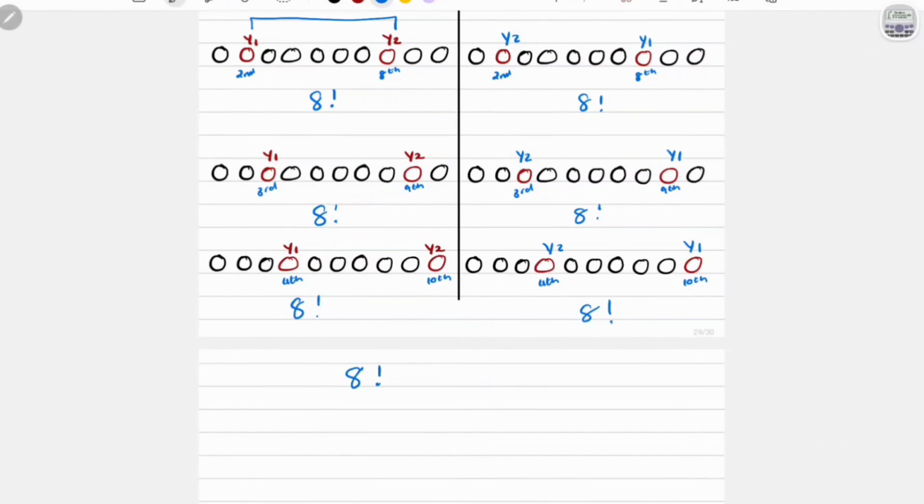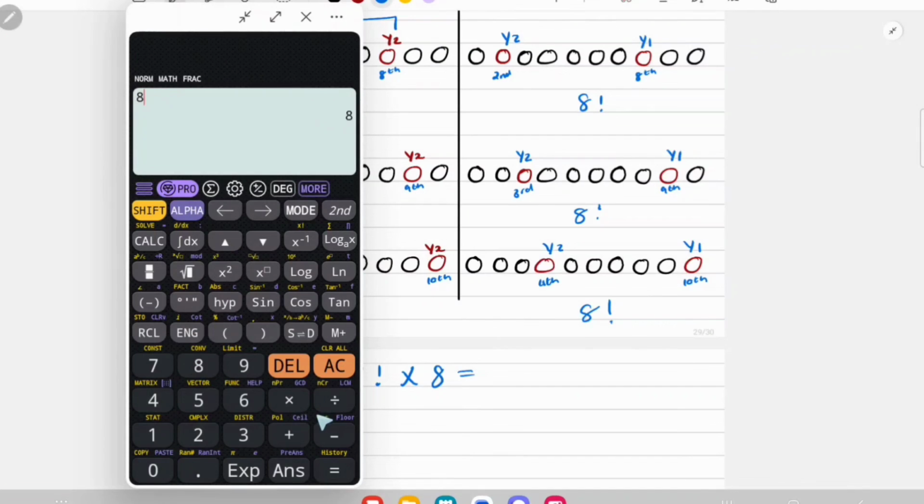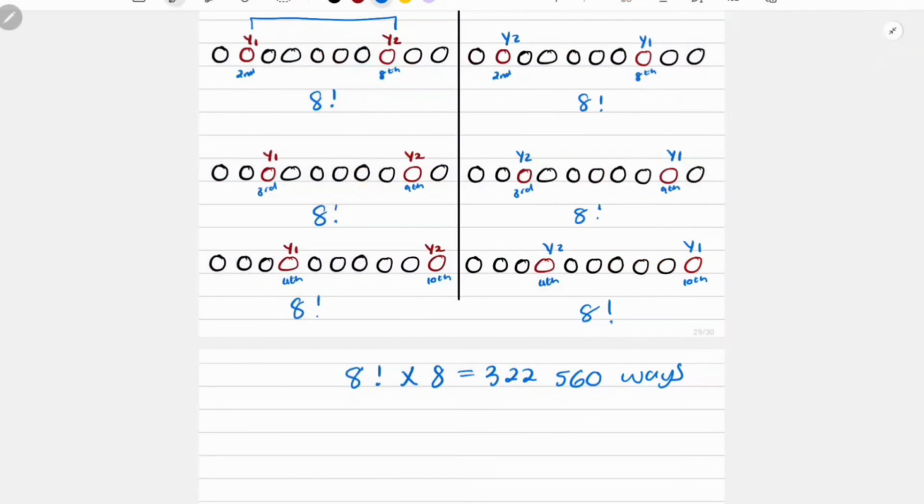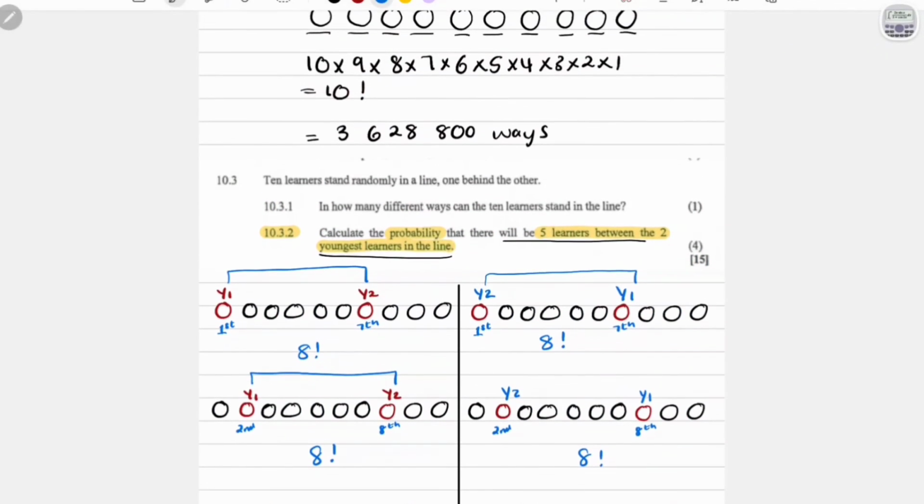In other words, you can decide to add 8 factorial 8 times, or you could have just said 8 factorial times 8. Okay, so 8 factorial times 8 is going to be 8 factorial multiplied by 8, and that is 322,560 ways, right?